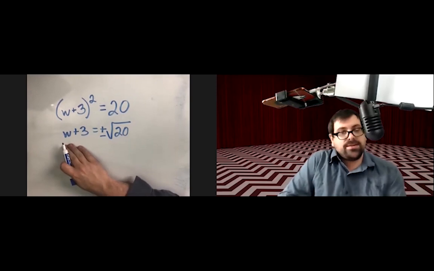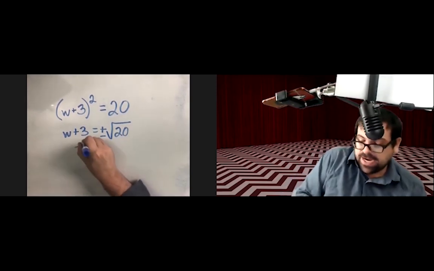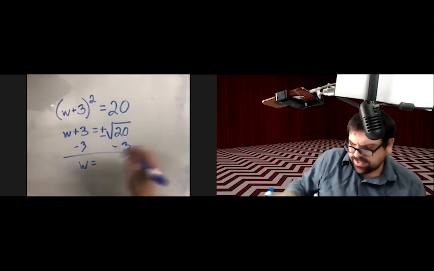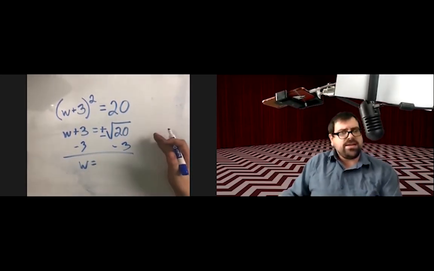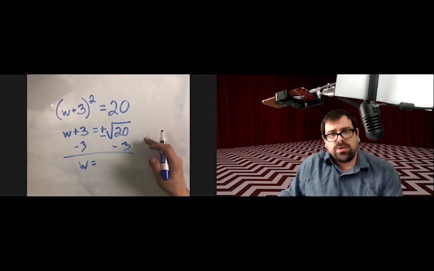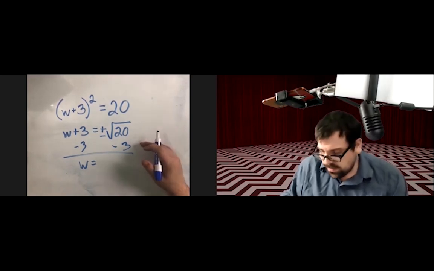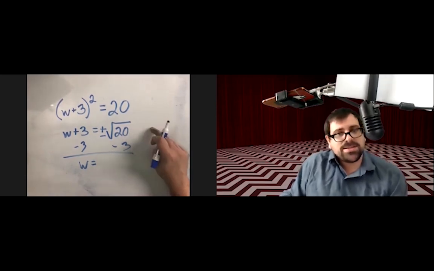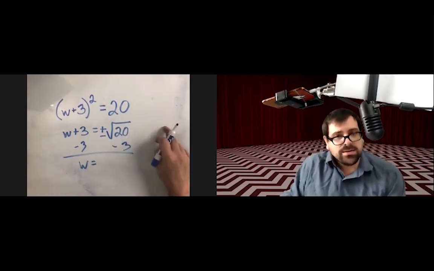Now, how can we get the w by itself? We could subtract 3 from both sides. Is it going to have anything to do with the 20 on the other side? No. Because the square root of 20 minus 3 can't be combined.